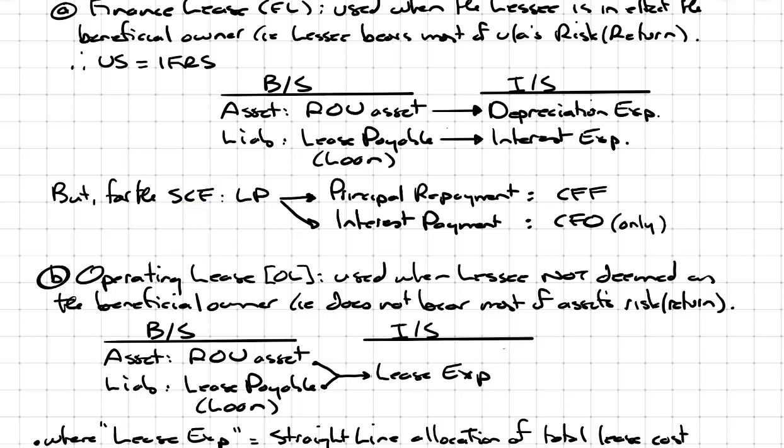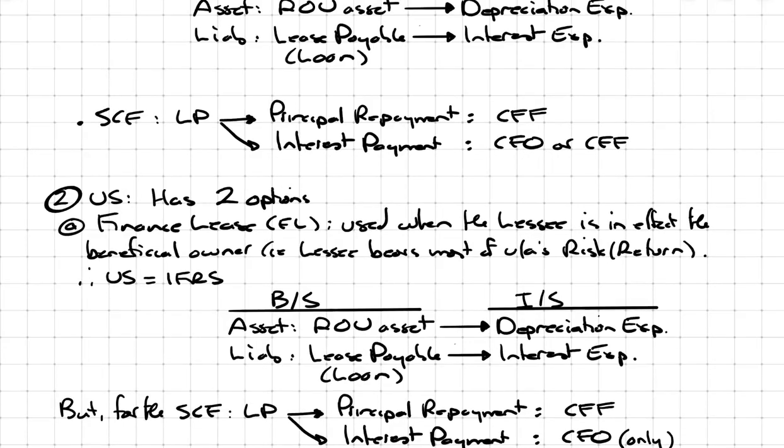However, the only difference between US and IFRS when this is treated as a finance lease is in the statement of cash flow. Remember what we said, these lease payments are treated as principal and interest payments. The principal is treated as CFF, or financing, under US and IFRS. However, when it comes to interest, US only allows interest to be regarded as operating, whereas, as we saw previously under IFRS, the company can treat the interest payment either as operating or financing.